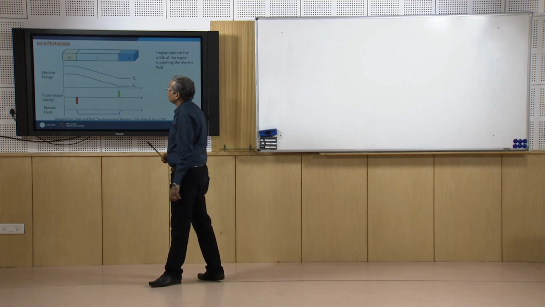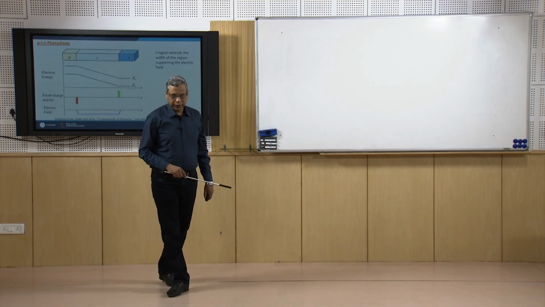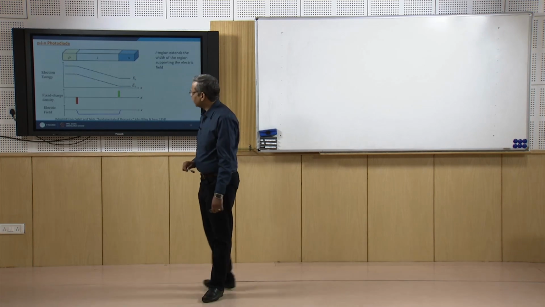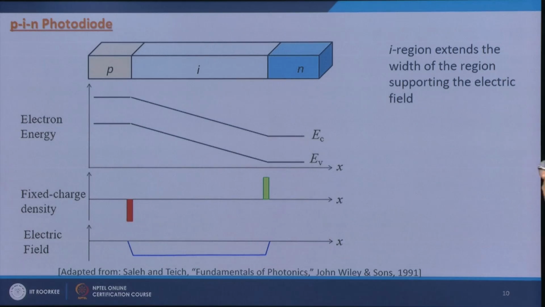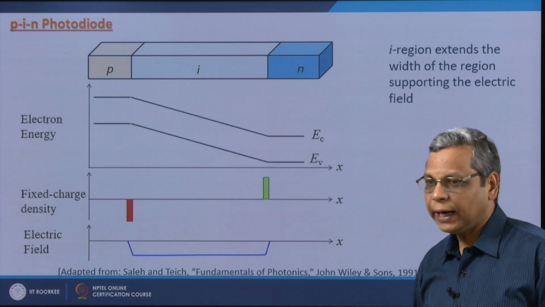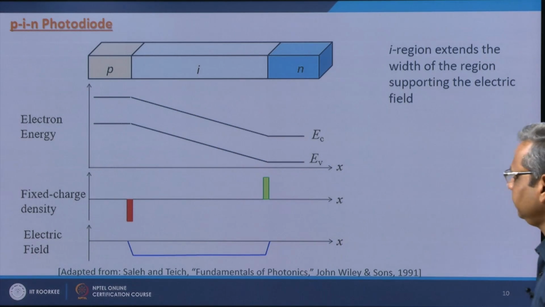Another important photodiode is the PIN or pin photodiode. What has been done here is that you insert an intrinsic region or lightly doped region between p type and n type. What is the advantage of this?